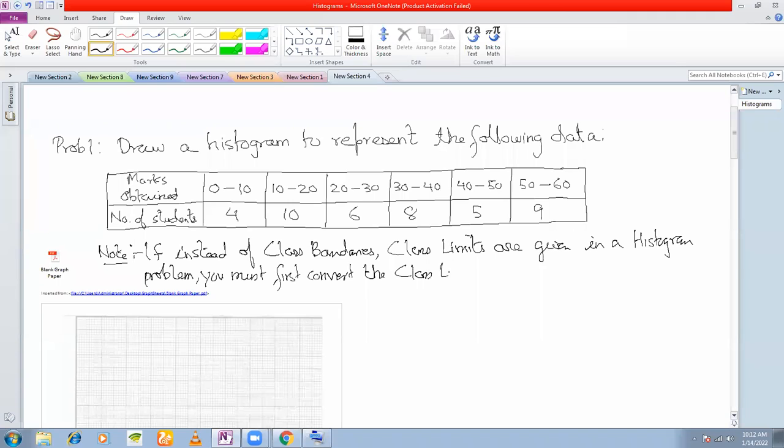And you know how to convert class limits to class boundaries? The first problem I already showed you. And then you can proceed with drawing your histogram.